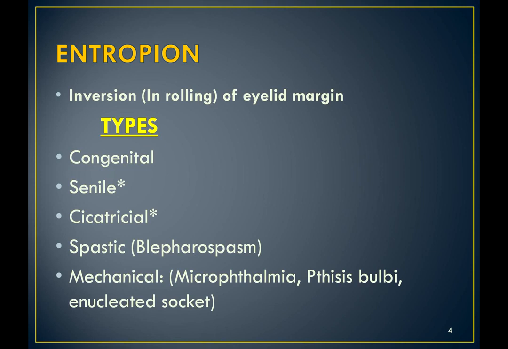Entropion may be congenital, that is, the child is born with the disease, or it may be acquired. Acquired is further of various types: senile Entropion, cicatricial Entropion, spastic Entropion, and mechanical Entropion. By far, the senile Entropion is the commonest variety.